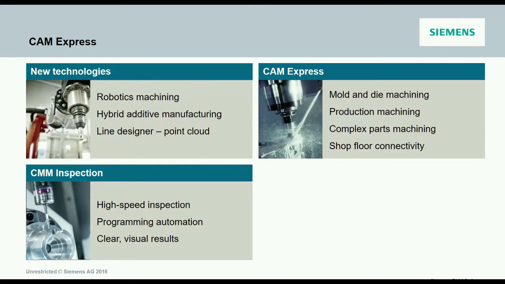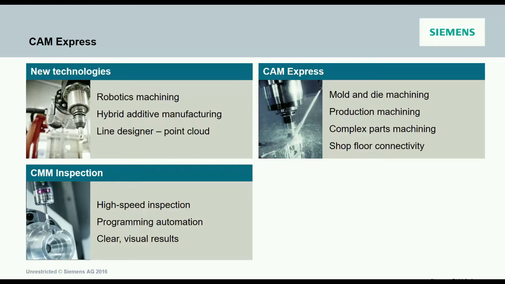In this latest release of CAM Express 11, Siemens has invested in new technologies like robotic machining, hybrid additive manufacturing, and line designer, where we can actually develop a manufacturing assembly line and simulate it. Along with CMM inspection, where we can develop high-speed inspection programs, develop programming automation, and clear visual results.